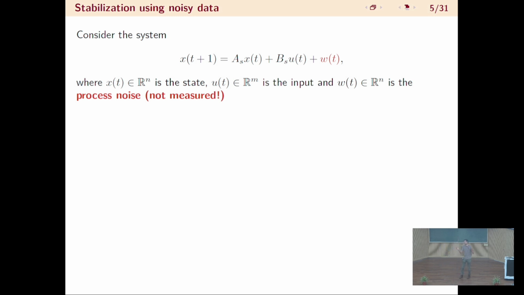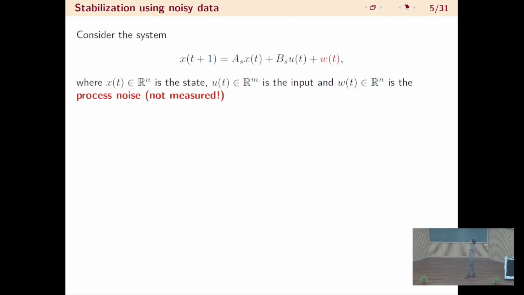That's another description of your noise. That's called measurement noise. The tools that we develop today can also be used to solve such problems with measurement noise. But for today, I will just focus on this situation where we have process noise. And actually, both the situations of process noise and measurement noise are relevant. But to keep the lecture a bit focused, I will just focus on the process noise case.